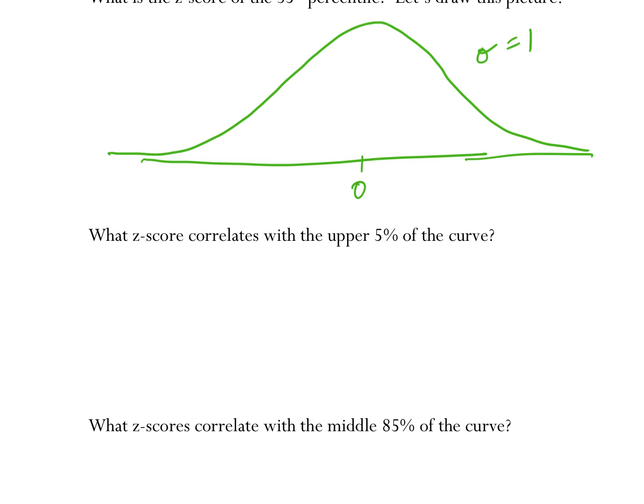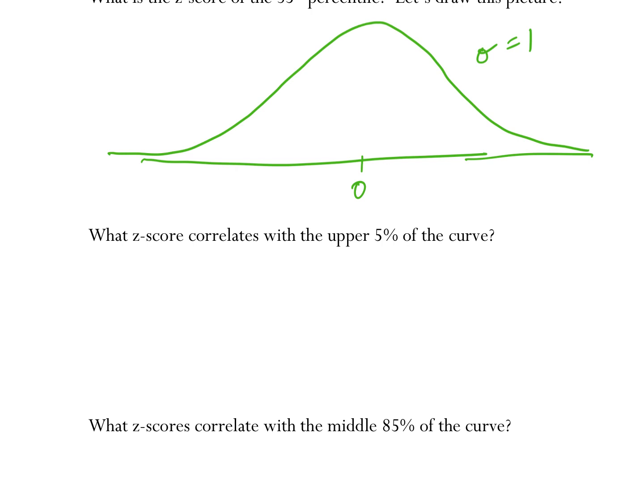To the left? Which percentile is 0? 50. 0 is the 50th percentile, yes? Percentiles describe that percent or lower. So essentially what we want to do is shade the lower 35% of the graph.